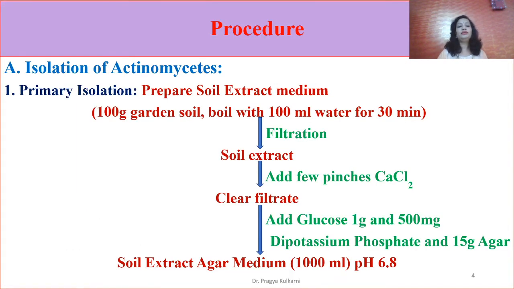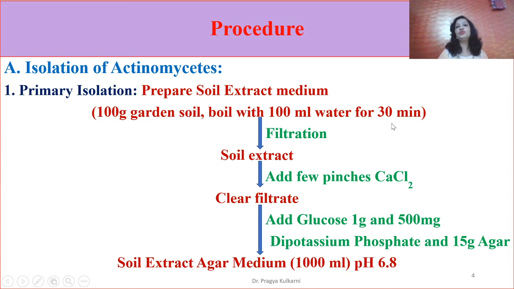Coming to the procedure, if we do not have pure cultures of actinomycetes in our lab, we have to isolate them from soil. So the first part of our procedure will be isolation of actinomycetes. In that, primary isolation requires soil extract agar medium. The soil extract agar medium is prepared by boiling 100 gram of garden soil with 100 ml of water for 30 minutes.